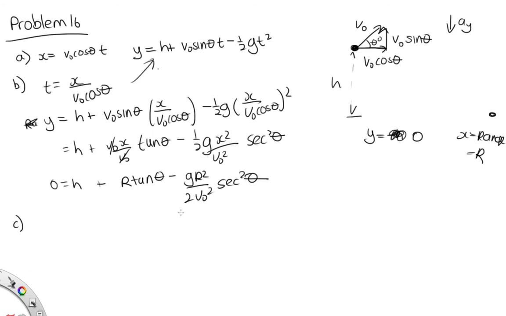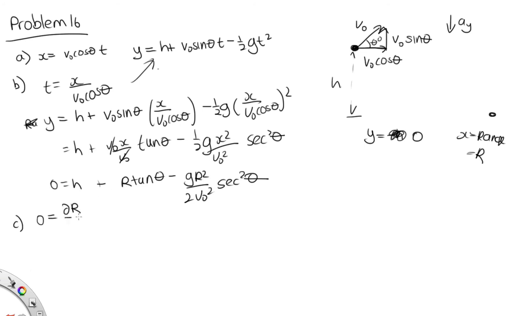Okay, now we need to take the derivative of this with respect to theta. The derivative of tan theta with respect to theta is sec squared theta, and the derivative of sec squared theta is sec squared theta tan theta. When we take the derivative of h with respect to theta, h is independent of theta, so that goes to 0. So what we'll need to use is the product rule.